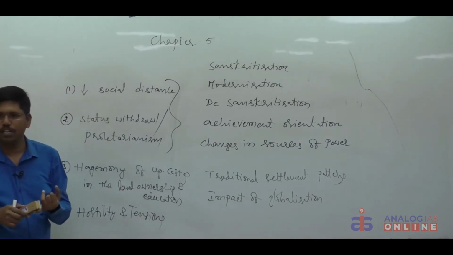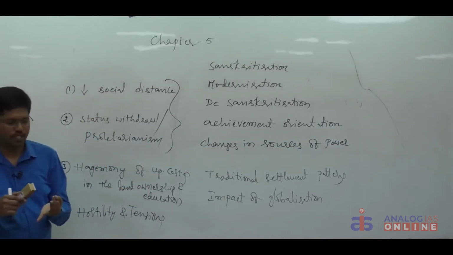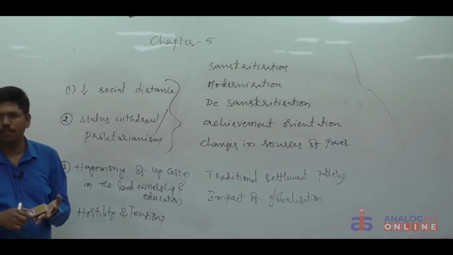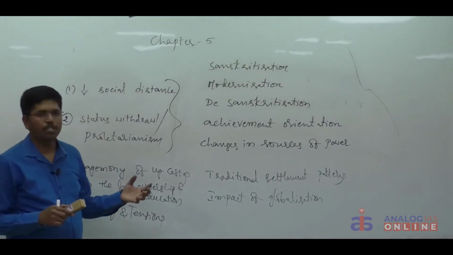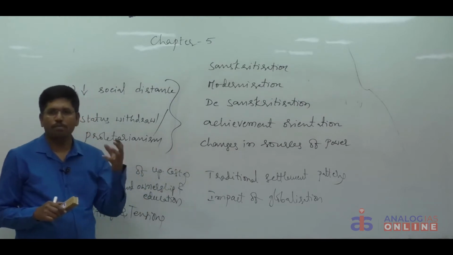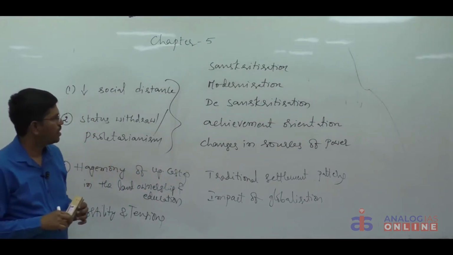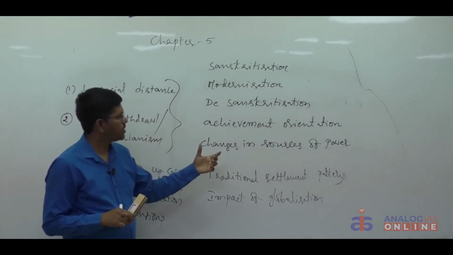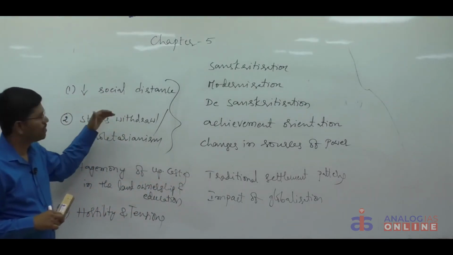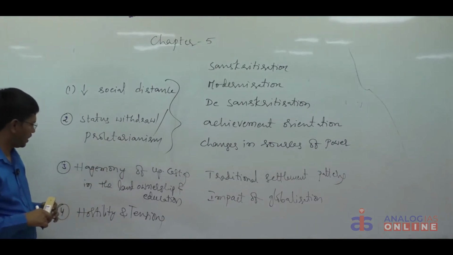Now, because of the reservation introduced by the government and other welfare measures, we have achieved good representation of the lower caste people in politics as well as in government services. Because of those sources of power, the gap between upper caste and lower caste decreased.